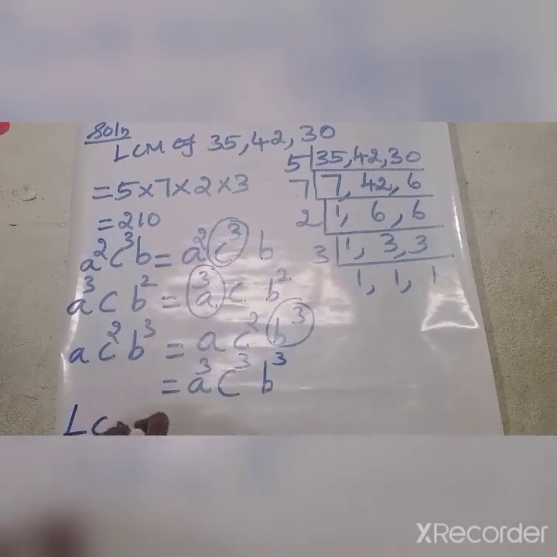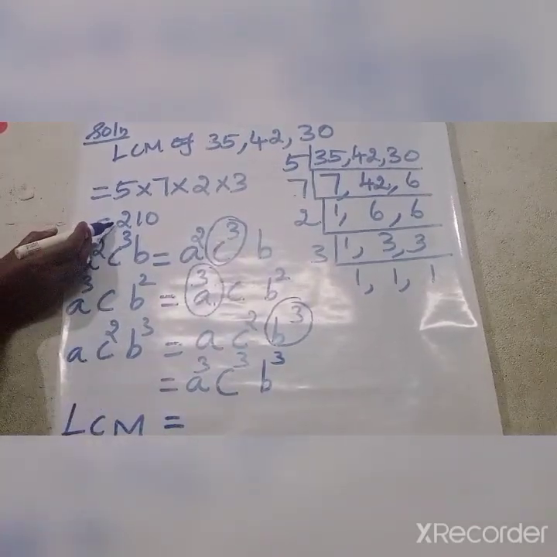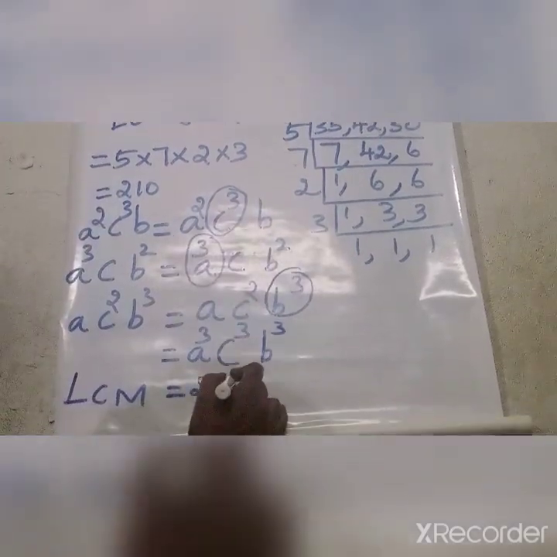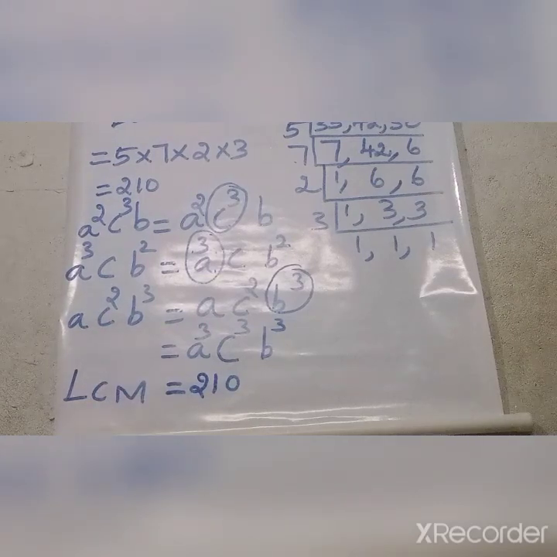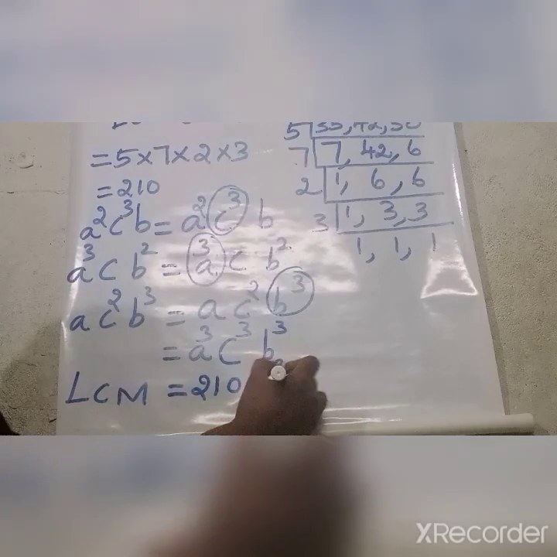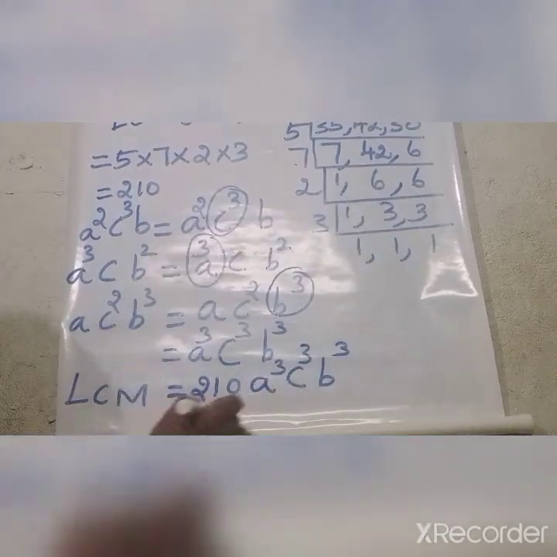LCM equals, for the number term we have 210, and for the variable term we have a cube c cube b cube. Understand, students?